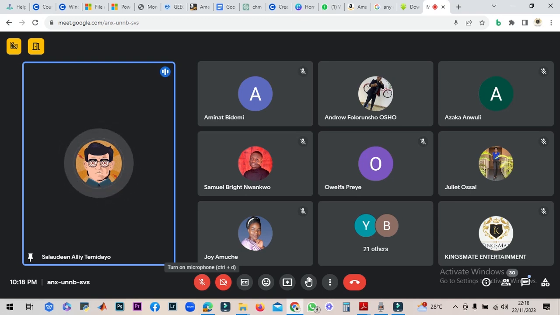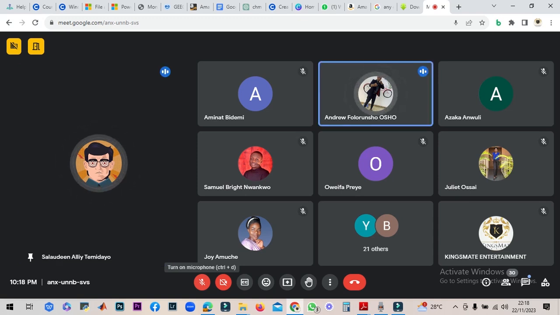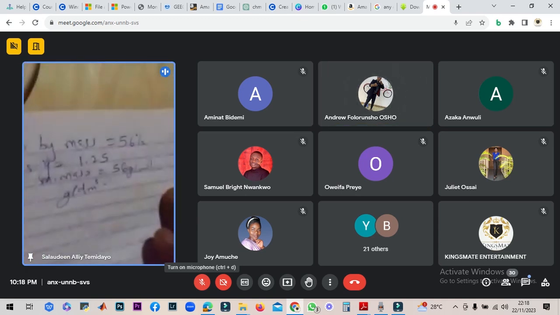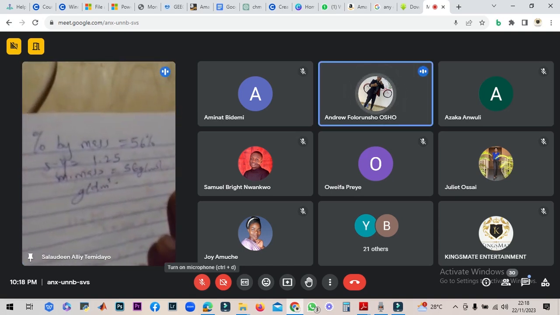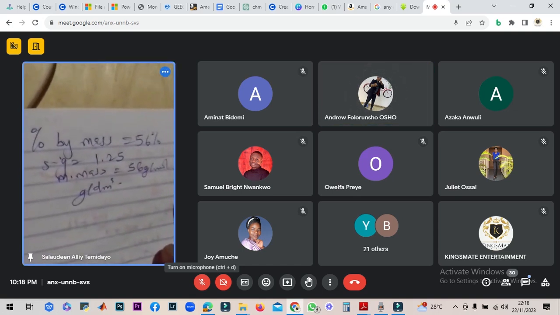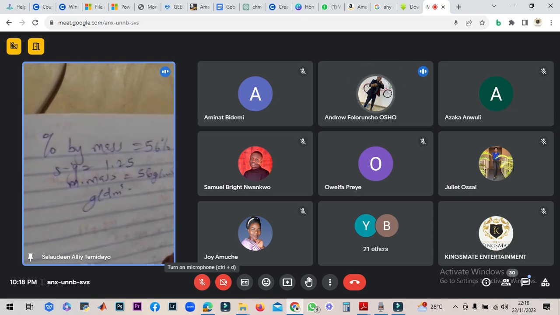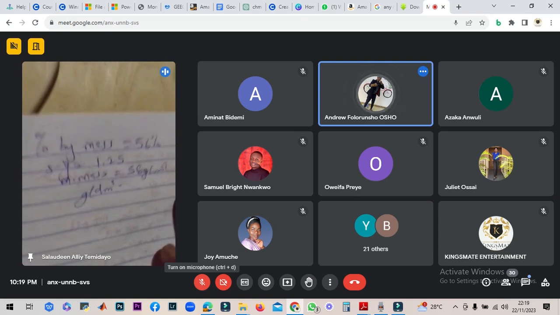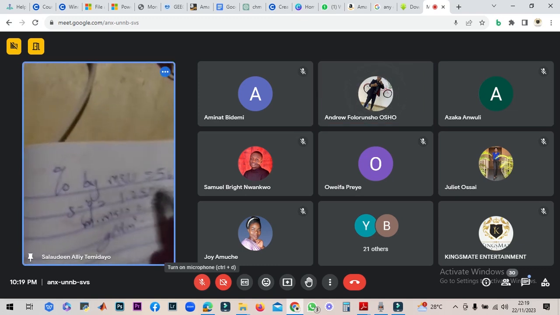If the molar mass of the acid is 56 grams per mole, what is the concentration in grams per dm cube of the acid? So I have my parameters given this way. The percentage by mass is 56%. The specific gravity is 1.25 grams per cm cube.